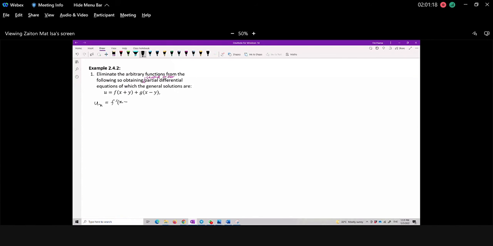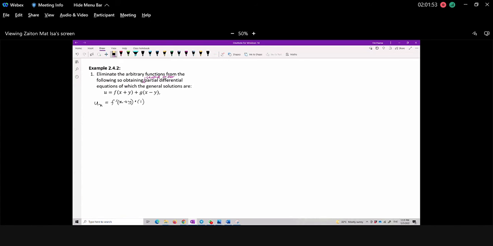Plus 1. And then make sure you multiply with the derivative in the bracket. If you forget this, you're safe here, because the derivative of x plus y with respect to x is 1. If you forget, it is the same anyway. But let's say there is a 2 here. If you don't multiply by 2, it will be wrong. Here x plus y is safe. So f prime, globally f prime, and then multiply with the derivative inside the bracket.